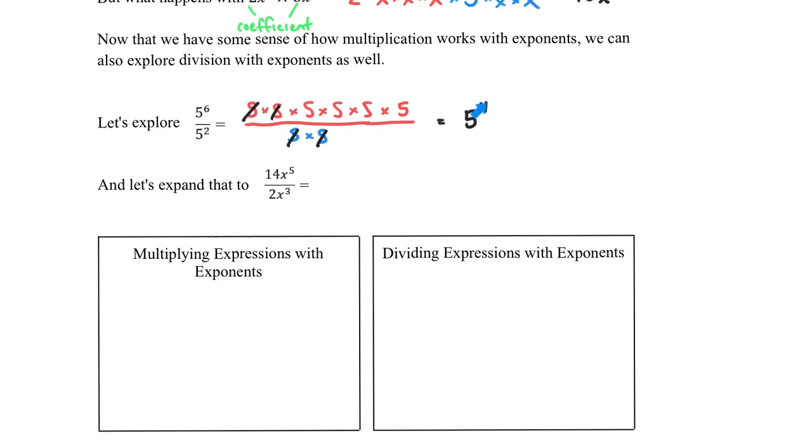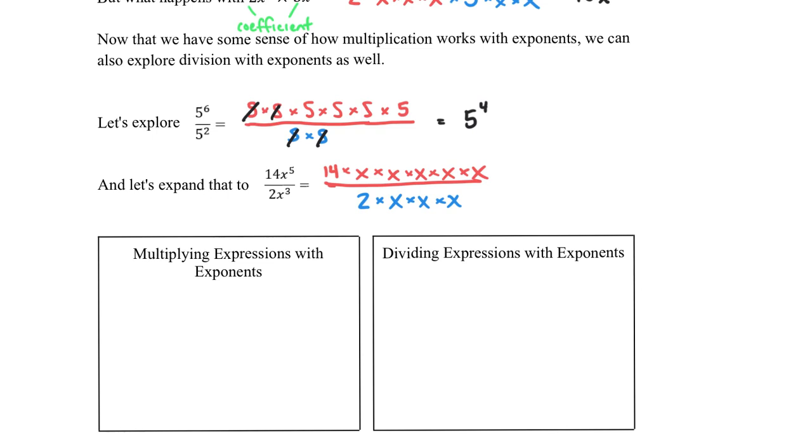Well, how does 4 relate to 6 and 2? If you subtract, you get the 4. So now we're starting to see that when we're dividing, we're going to subtract our exponents. Let's do this last one. Same kind of situation here. This is going to be 14 times x times x times x times x times x, because it was raised to the 5th power. And then the bottom is going to be 2 times x times x times x, x to the 3rd power.